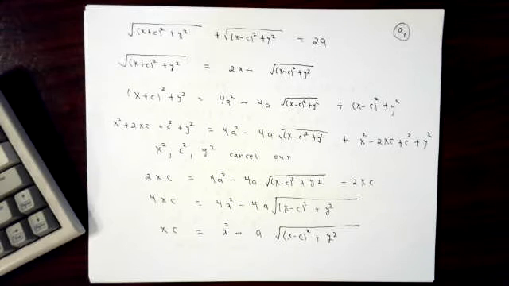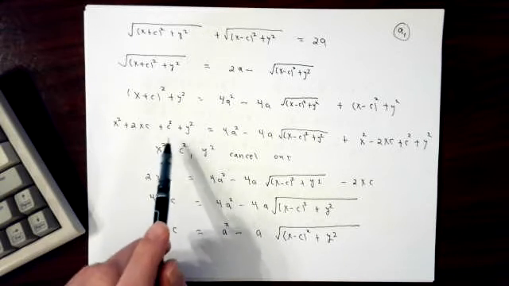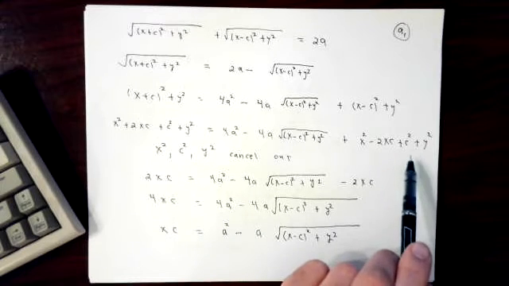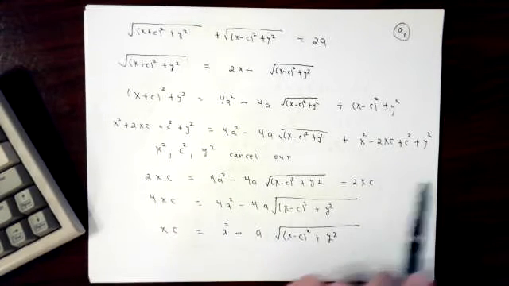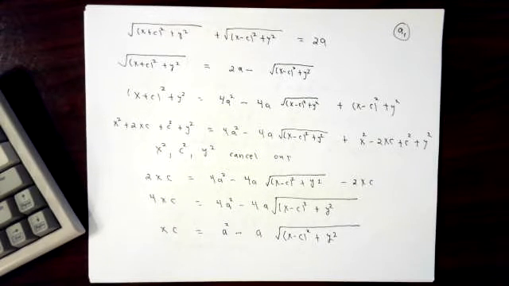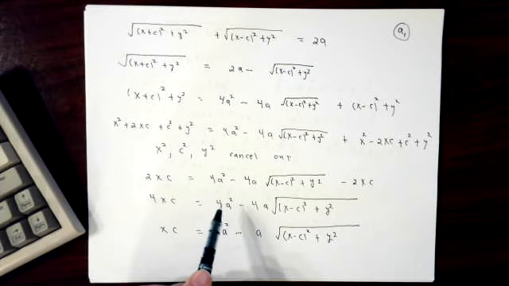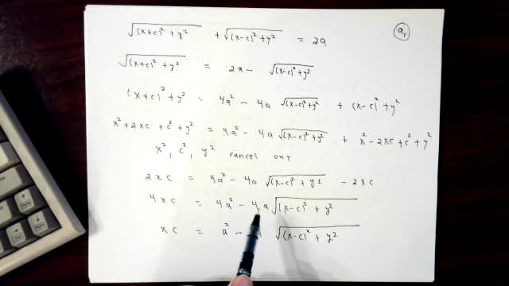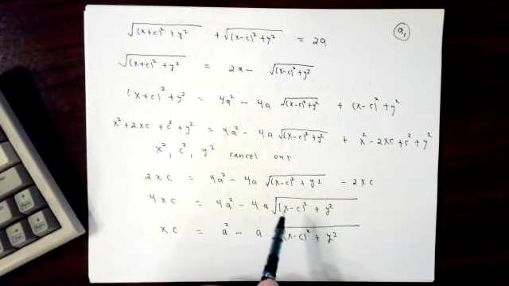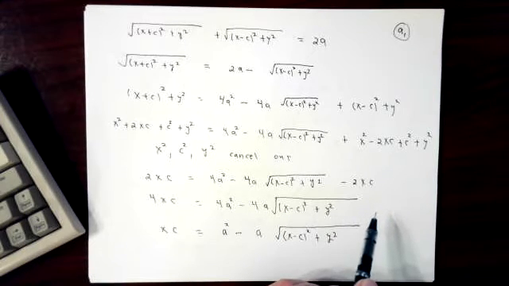Subtract x squared from both sides, and the x squares disappear. The same thing happens to the c squared and to the y squared. So big chunks of this will disappear. All that's left is 2xc is 4a squared minus 4a times this radical symbol minus 2xc.